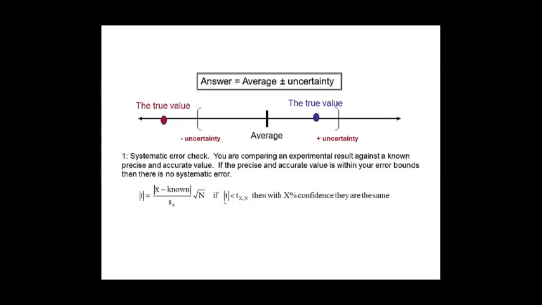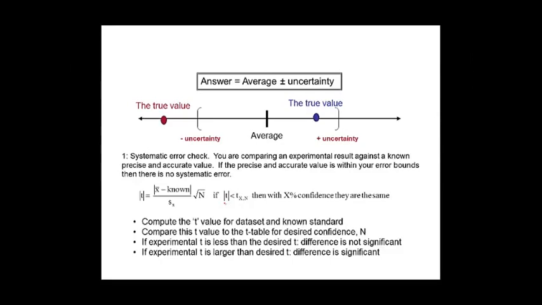Or the converse is that the true value is too far outside the data set, and you find that it is greater than that, and then you cannot conclude that. So here's mechanically what you're going to do. You're going to calculate the t-value for your data sets, in effect calculating a t-test, for those of you who've had more statistics.